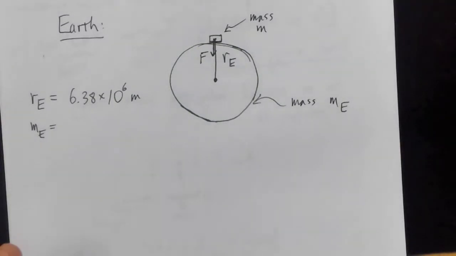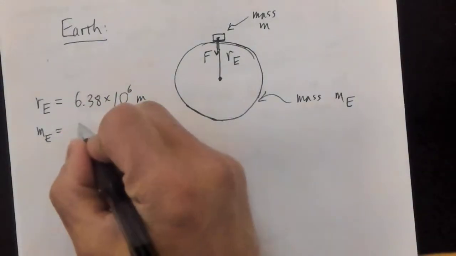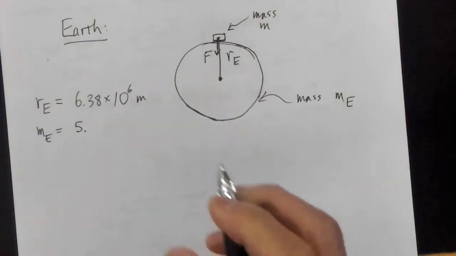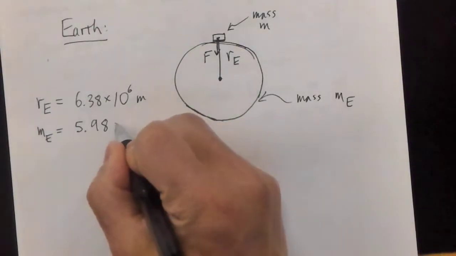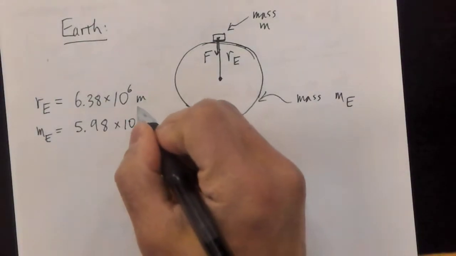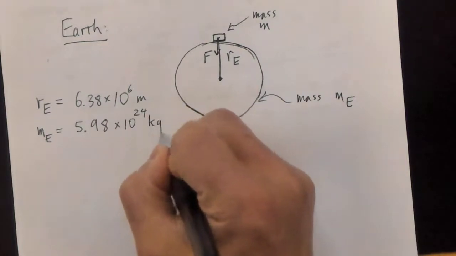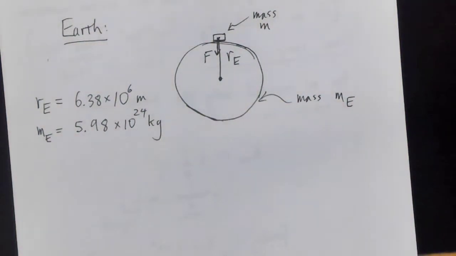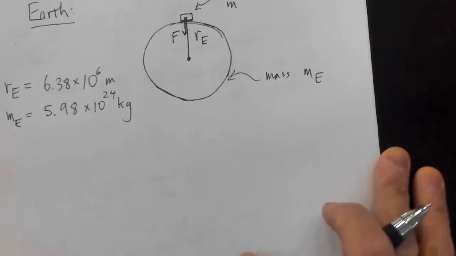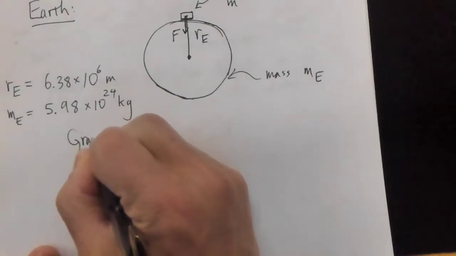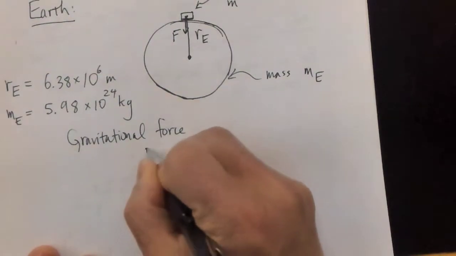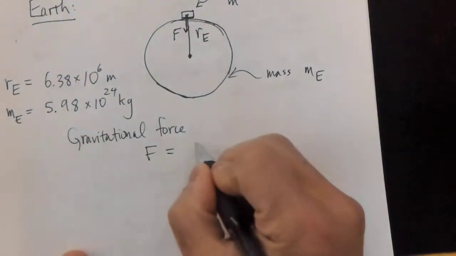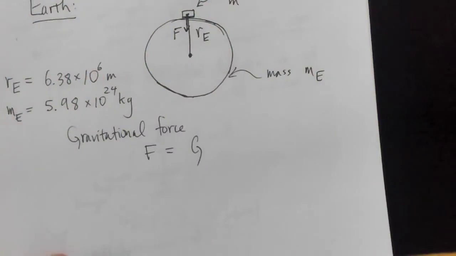But let's just do it straightforwardly going forward. So let's take the mass of the Earth as 5.98 times 10 to the 24 kilograms. All right. So then let's calculate the gravitational force. F is equal to capital G times the product of the two masses.